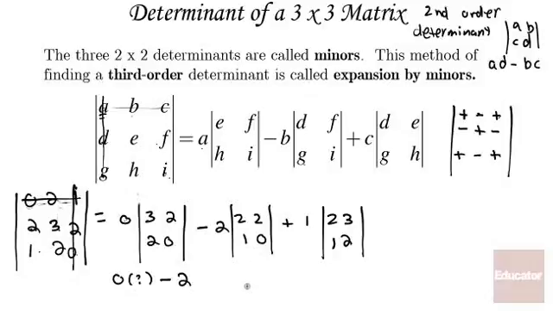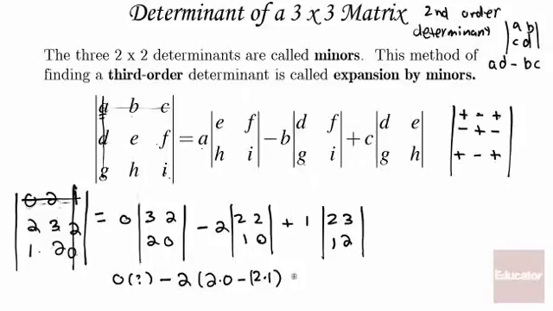I'm going to find this determinant using AD minus BC. So AD is 2 times 0, minus BC, that's minus 2 times 1.